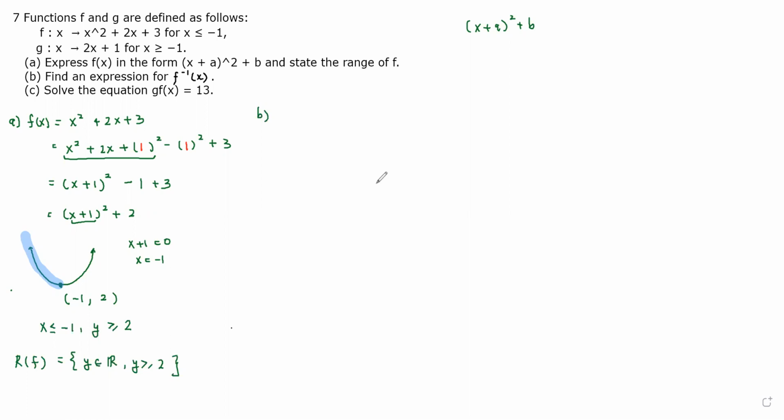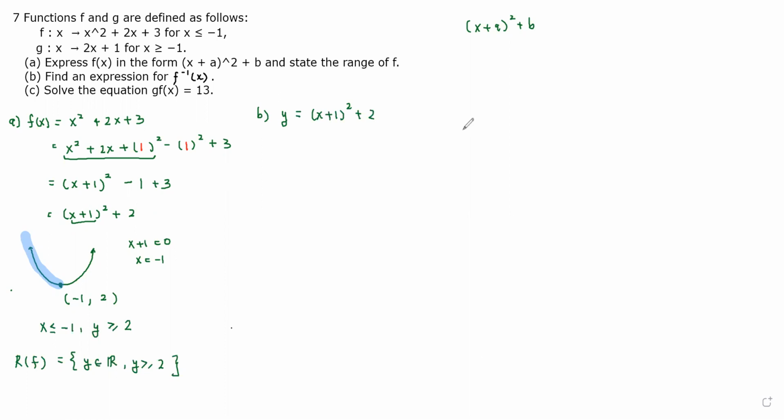Part B, we need to find an expression for f inverse. It is easier to use the vertex form of f(x). So instead of writing f(x), we let y be (x + 1)² + 2.